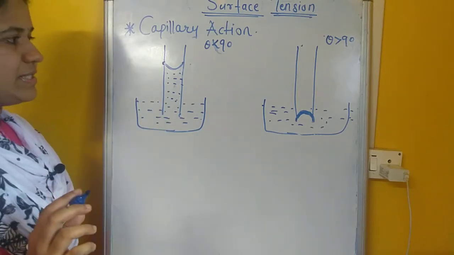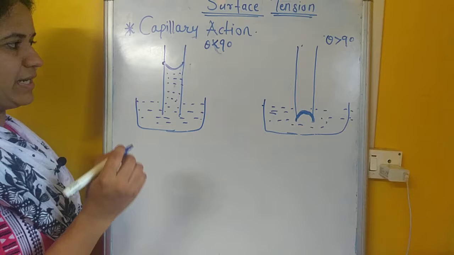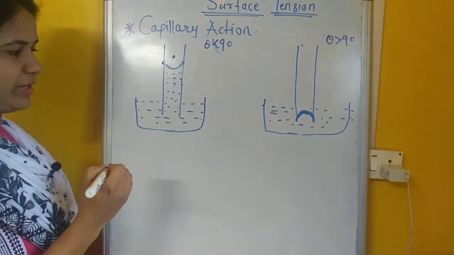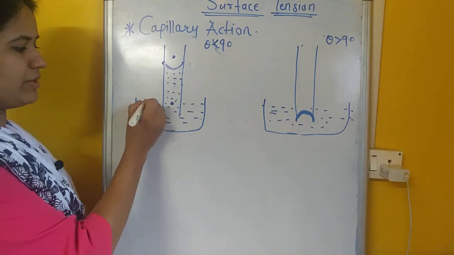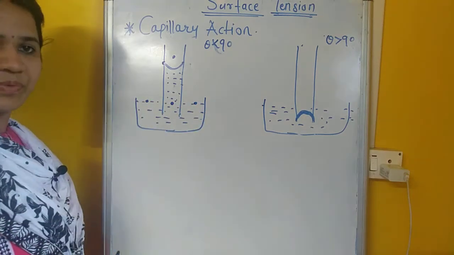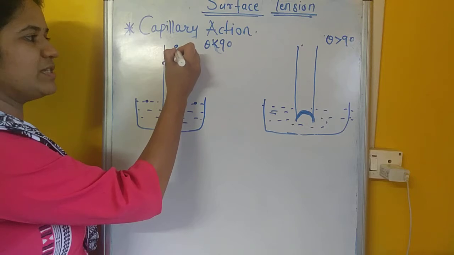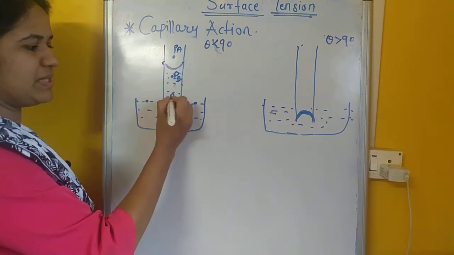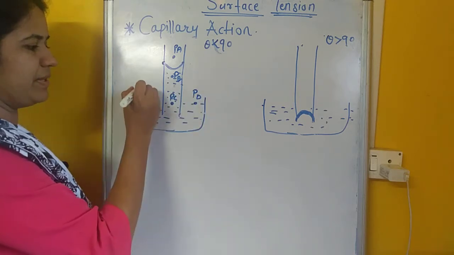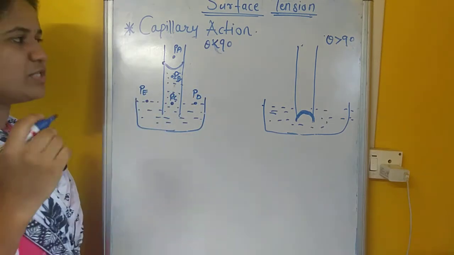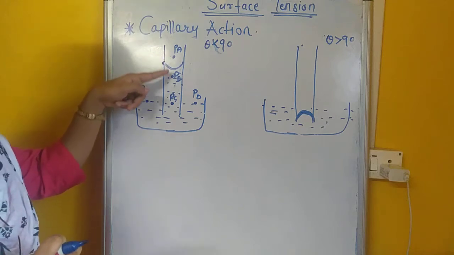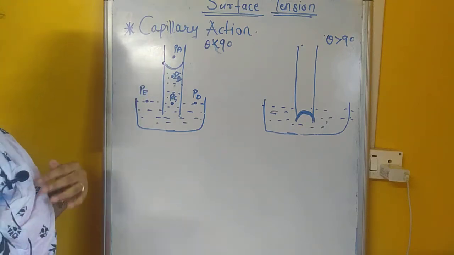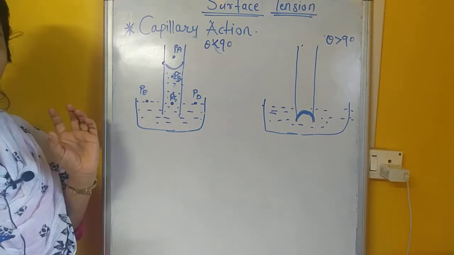Consider a practical case with points. Suppose we consider the first point, second point, third point and fourth point, or we can call them PA, PB, PC, PD and PE. Which pressure is high at these points? We know that on the concave side the pressure is high compared to the convex side.